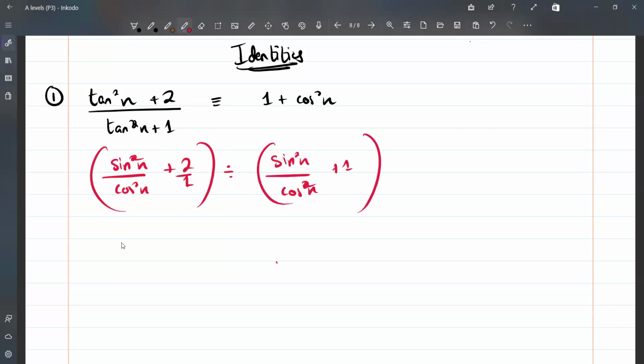Okay, so we're going to solve this into 1. We get sine square x here.